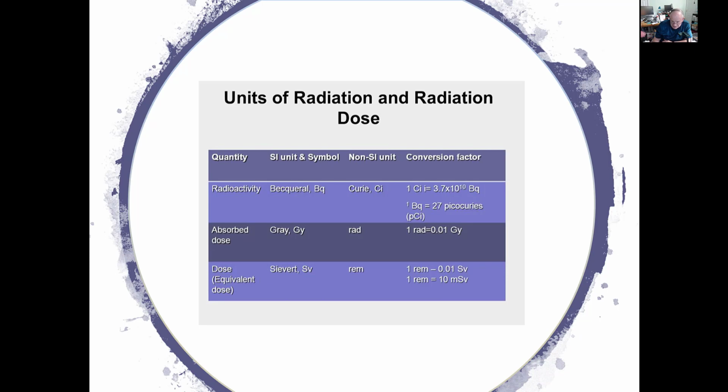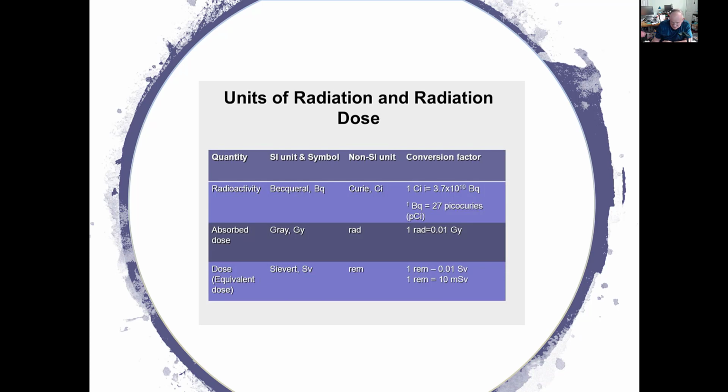The absorbed dose is the amount that would actually be absorbed, measured in a Gray or Rad. That's usually what you would be concerned about with radiation badges and things like that. The dose equivalent is your Sievert or REMs, and those two have different uses for absorbed and dose equivalent dose.